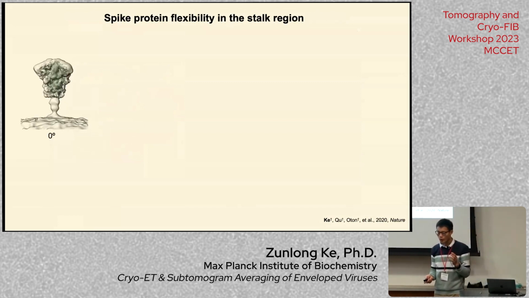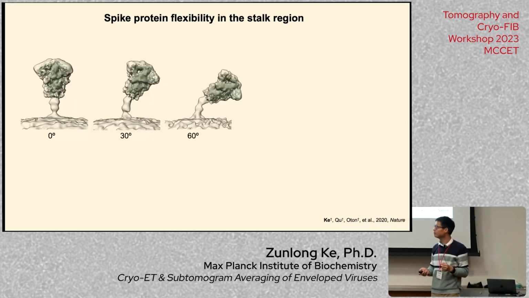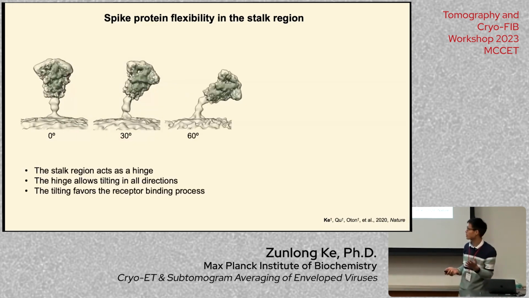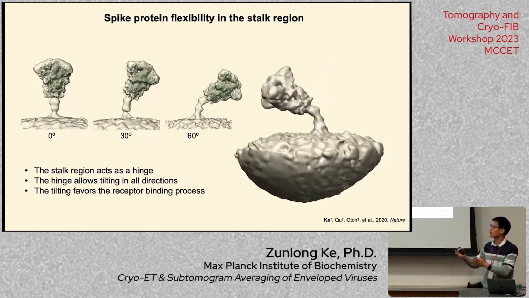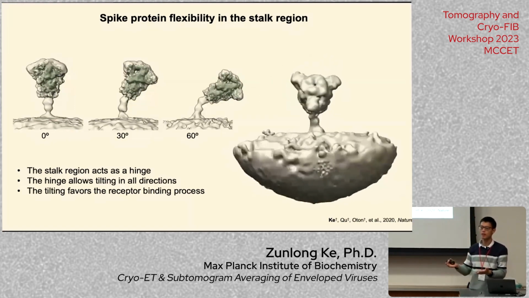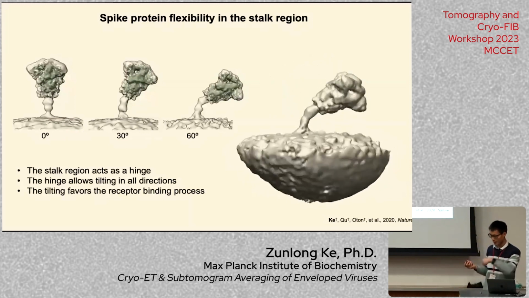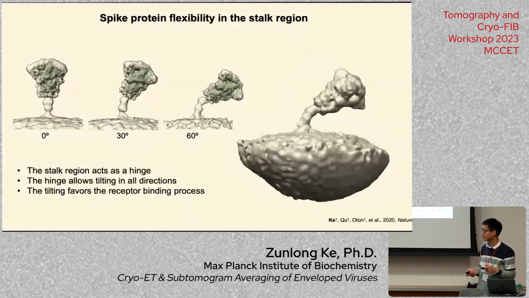So we group these different tilt angles of spike, we average them, and we can get spike at different tilt angles, so that it can allow us to understand at which point it starts to tilt. So that helps us to understand how the viruses, when they are tilted, I guess, facilitate the process of receptor binding so that they can have easier access if the receptor binding domain is there.